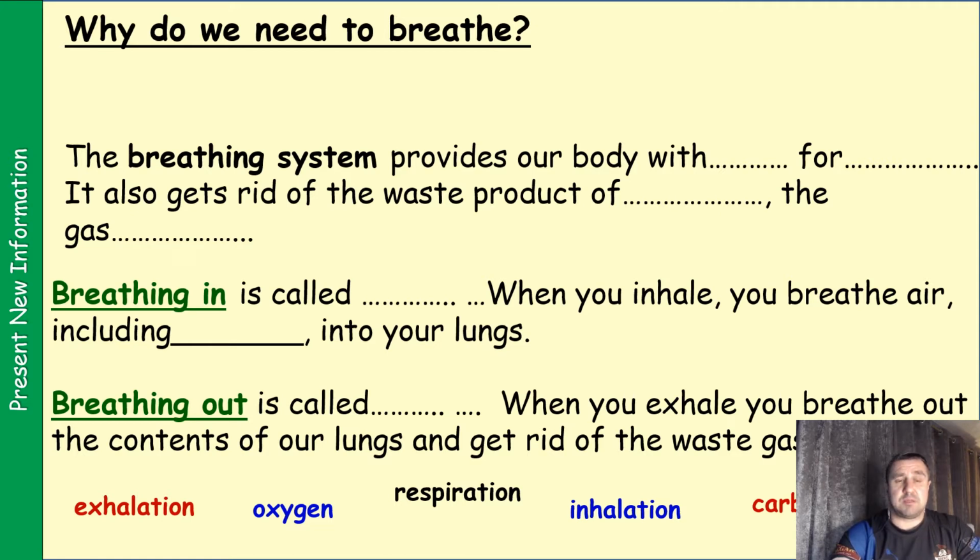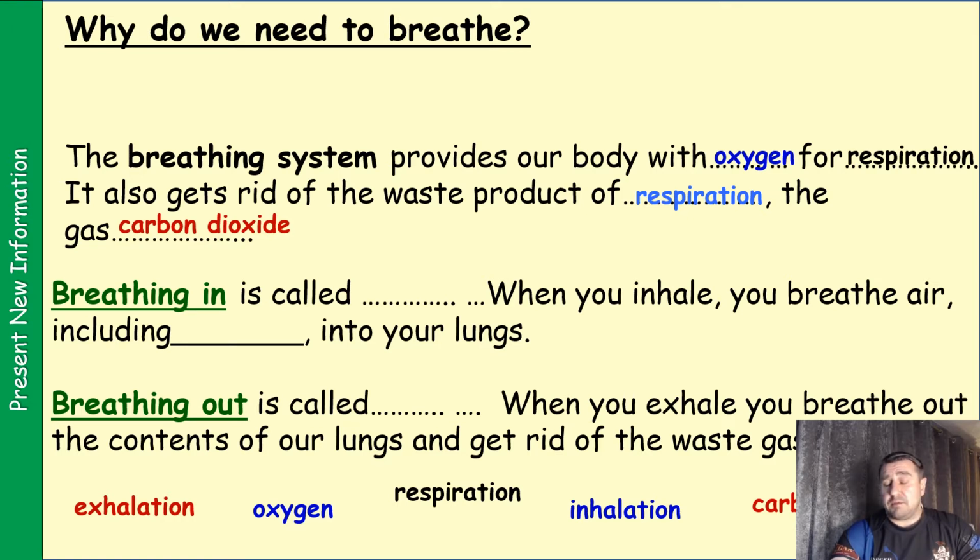So the breathing system basically provides the body with oxygen for respiration. It also gets rid of waste products of respiration, and that waste product is the gas known as carbon dioxide or CO2. Breathing in then is called, we had a look at it earlier with the key words match up, inhalation.